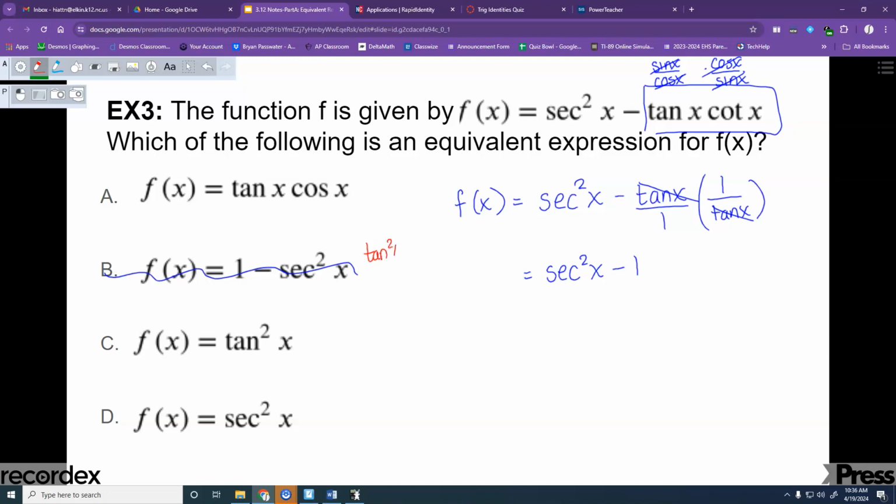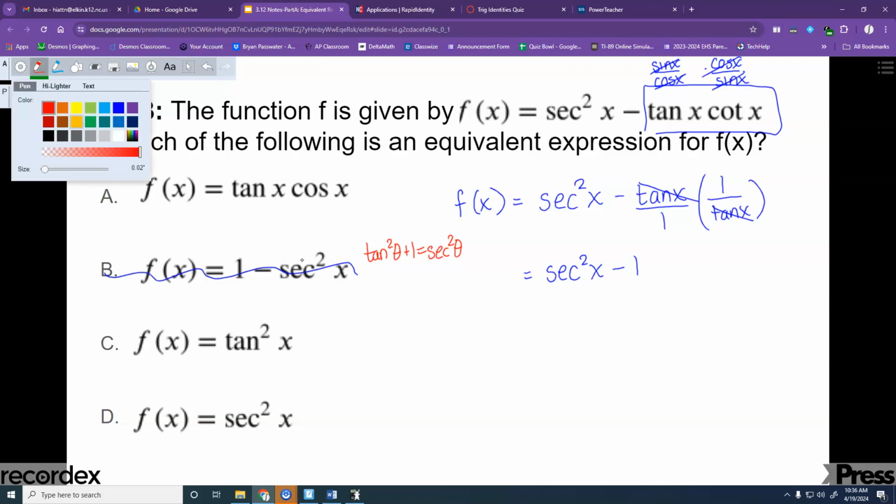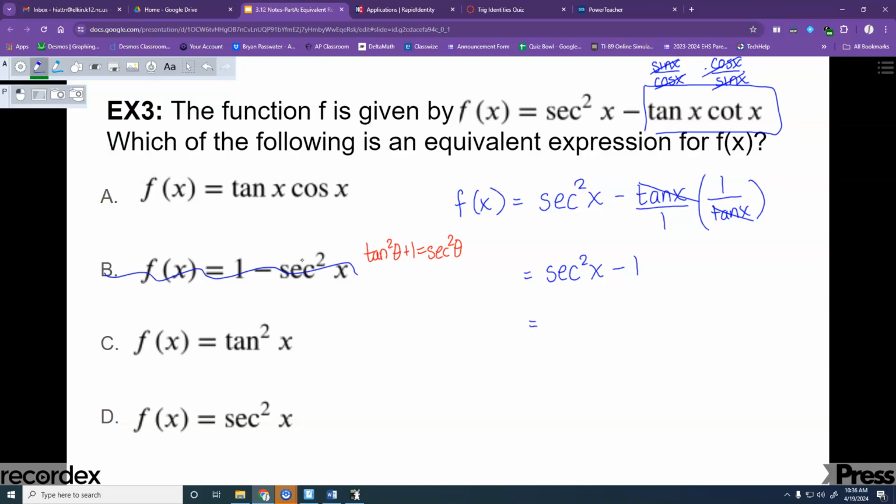Tan squared of theta plus 1 equals secant squared theta. That might help right here, right? So what if we took secant squared x and we replaced it with tangent squared x plus 1? And then we'll still have the minus 1 over here. Is that good?